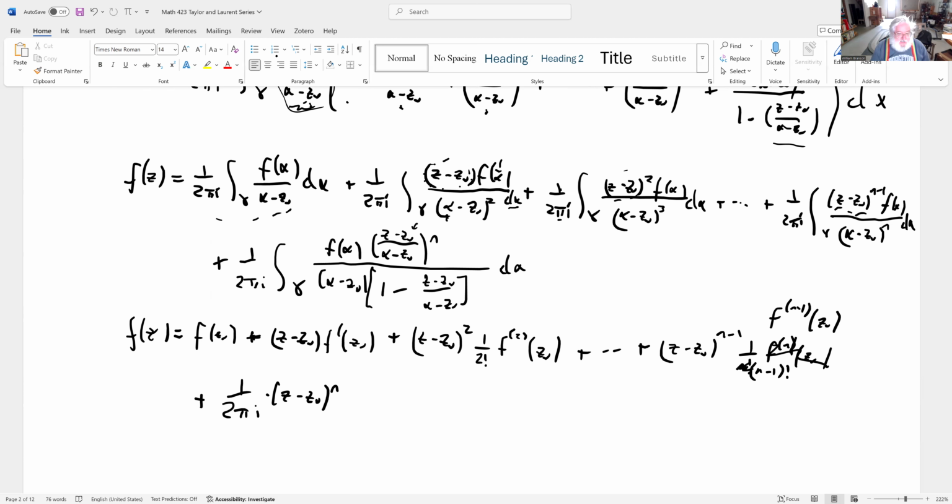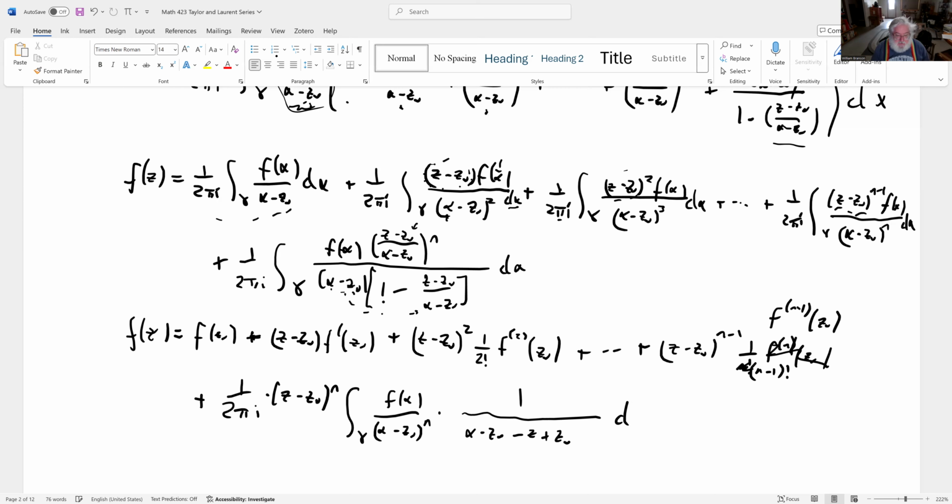So z minus z naught to the n will factor out. I'm left with an integral around gamma, f of alpha over alpha minus z naught to the n, and that takes care of this numerator, and then that's times 1 over, well, I'm going to distribute this thing in, alpha minus z naught. So we'll distribute that to the 1, and then we distribute this to this term, but the denominators cancel out. We get alpha minus z plus z naught, d alpha.